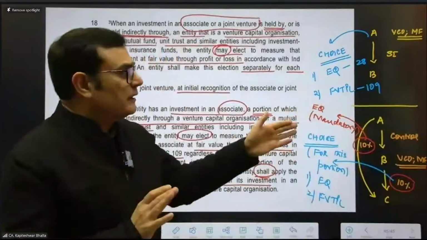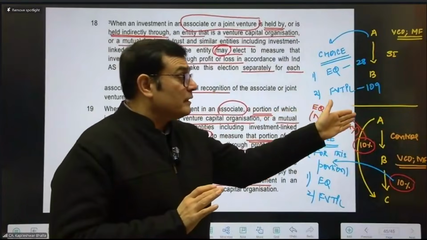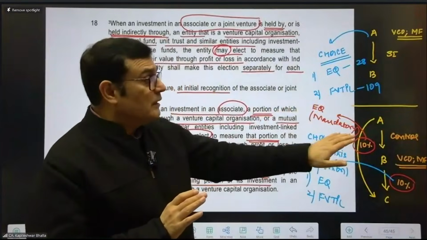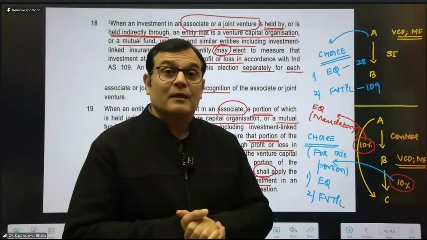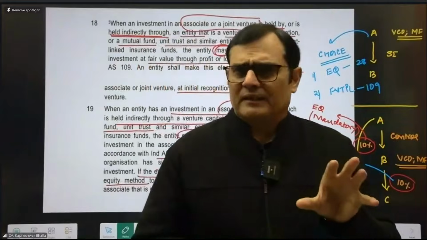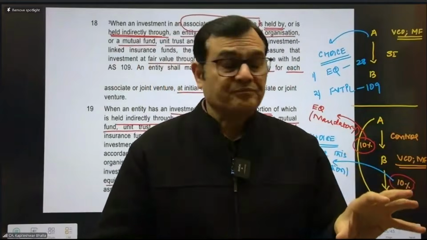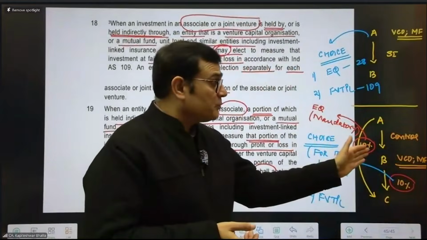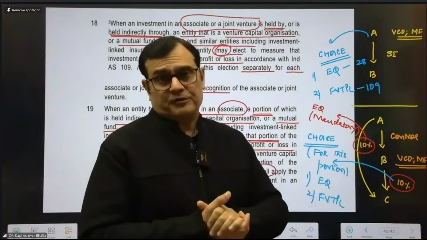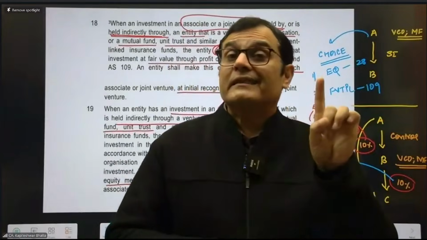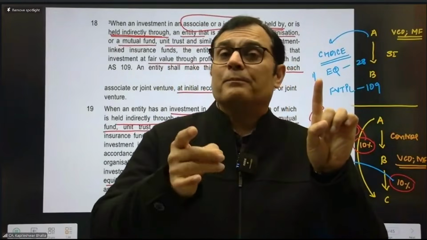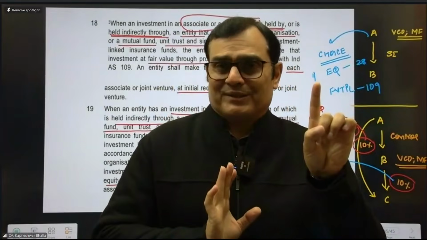The second is when it becomes a chain holding, you can say there are two portions of the investment. One is a portion which is held by A. Of course, I'm assuming that A is not a VCO. And the other portion is indirectly held through a subsidiary. Now, the portion which is directly held, you will apply the equity method on a mandatory basis.